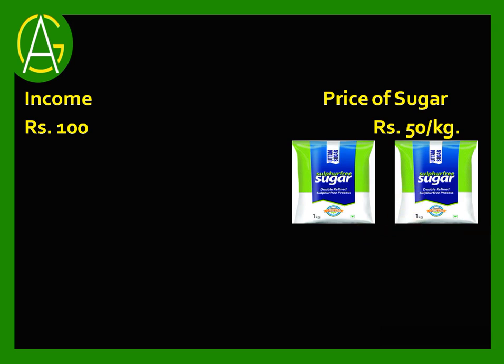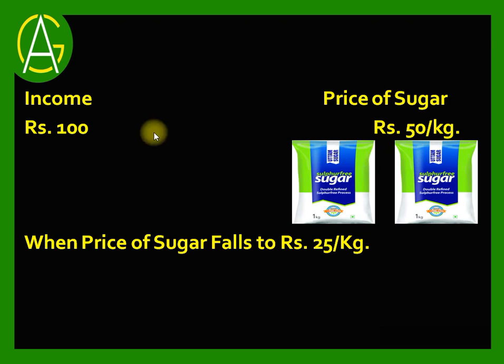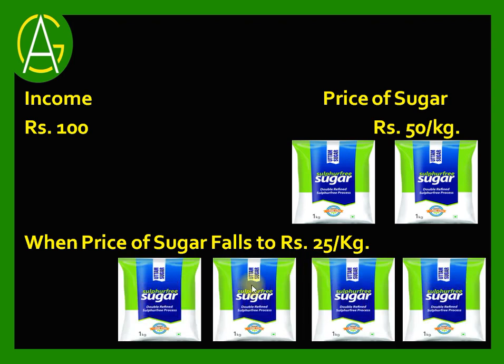Now if he is having the same income, he is earning 100 rupees only, but the price of sugar has fallen. It has become now 25 rupees per kilo. When the price of sugar has been reduced to 25 rupees per kilo, with this 100 rupees the person is now able to purchase 4 kilo of sugar.